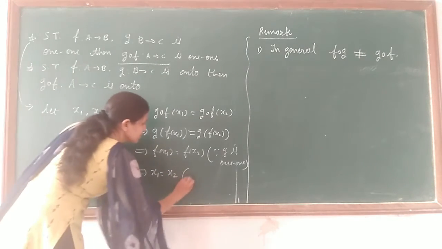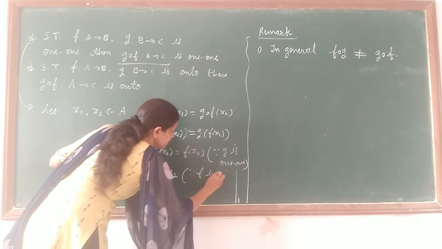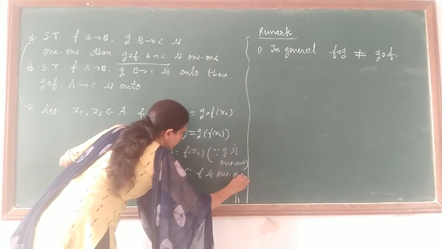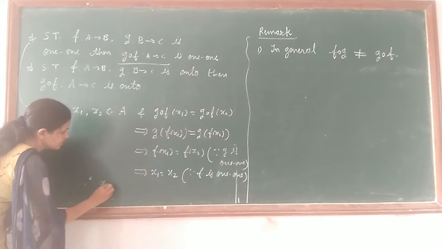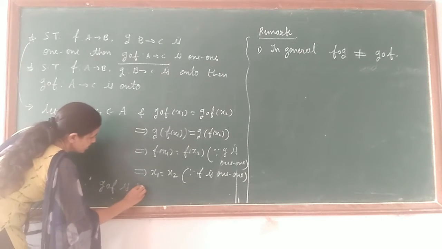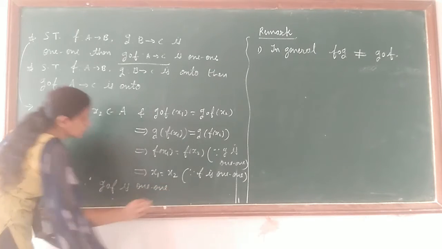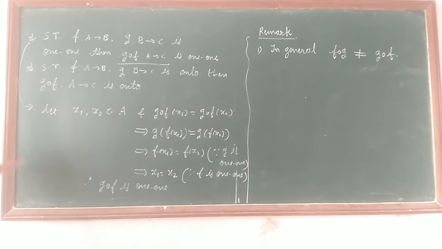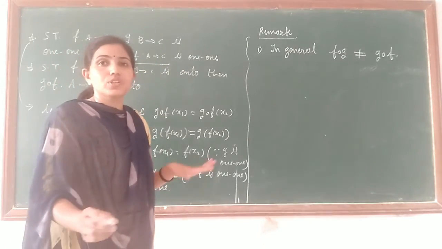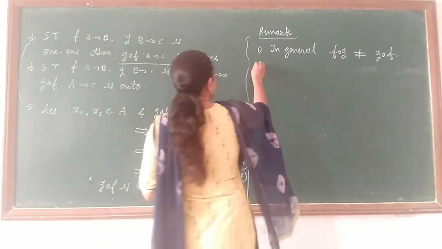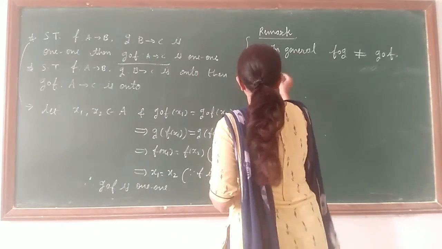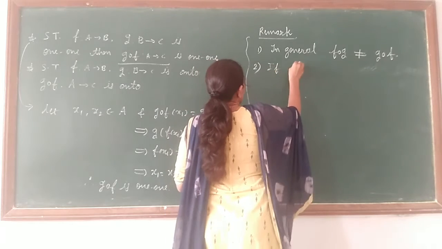The reason is f is 1-1. And therefore we can say g composed of f is 1-1. So now we are clear with the second one, that if f and g are 1-1 functions, then their composition is a 1-1 function. So this is your second remark.